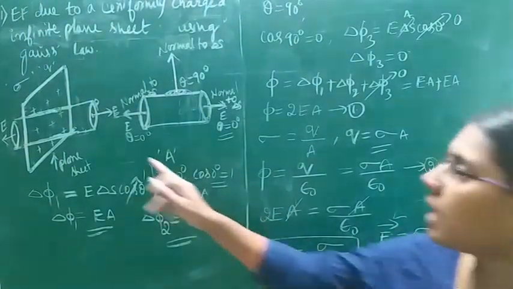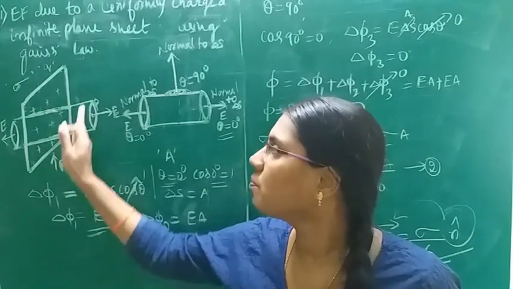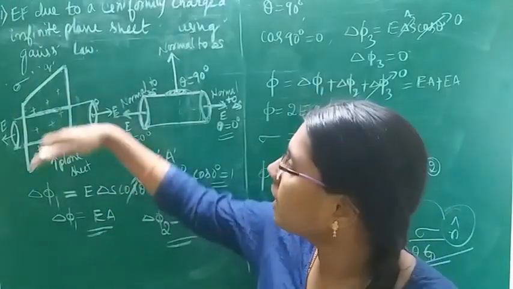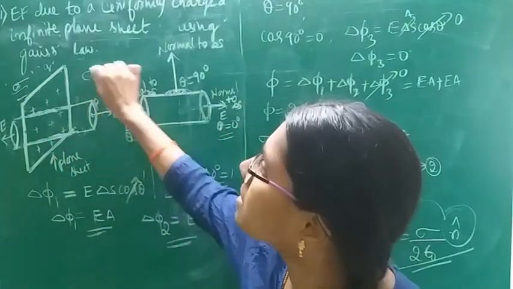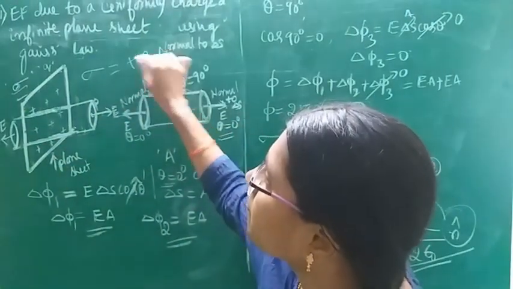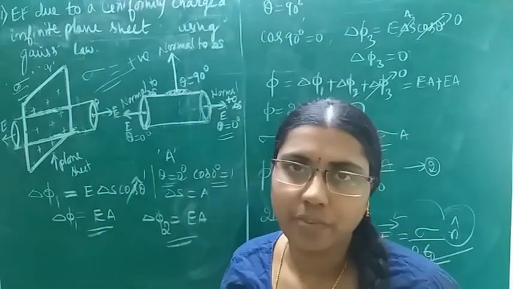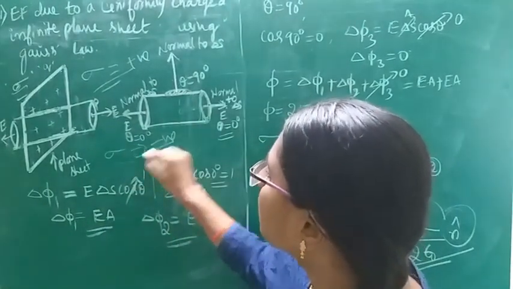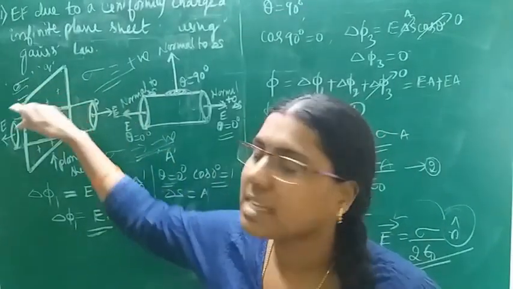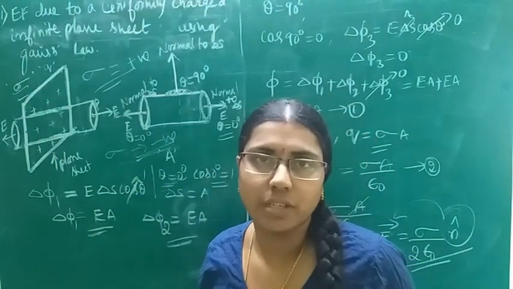And so this electric field due to the infinite plane sheet is acting radially outward if the surface charge density is positive, meaning the charge is positive. And if the surface charge density is negative, then this electric field is acting radially inward.